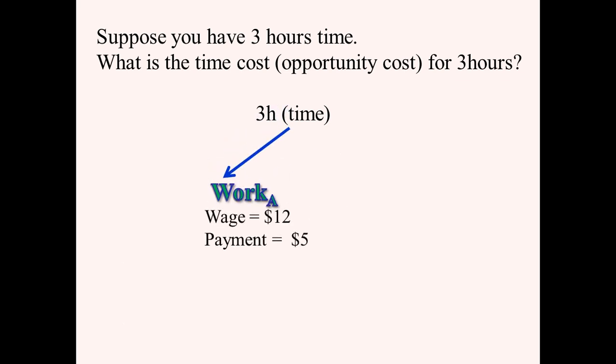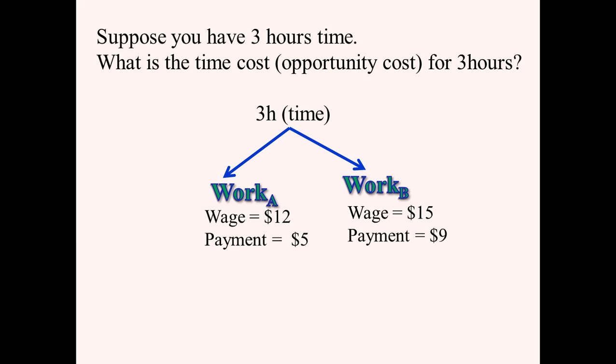Again, I give extra data. You have 3 hours again. If you work for A, it will offer you a wage of $12, but you need to pay money in order to work at A. You pay $5 to work at A. If you work at B, B offers you a wage of $15, but in order to work at B, you need to pay $9.